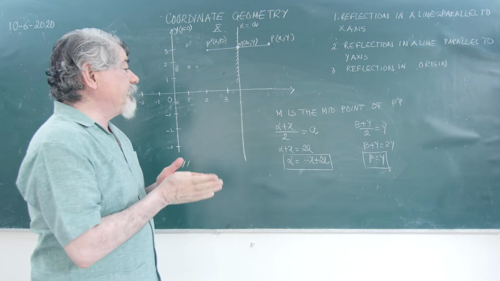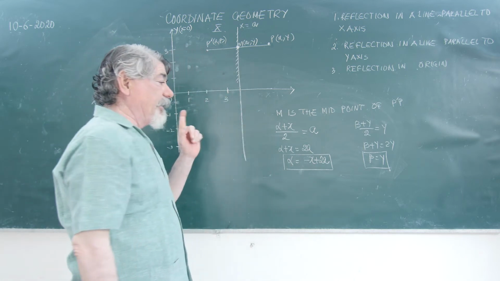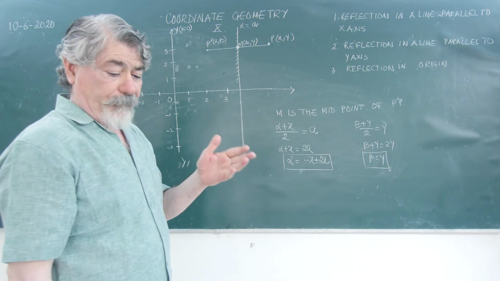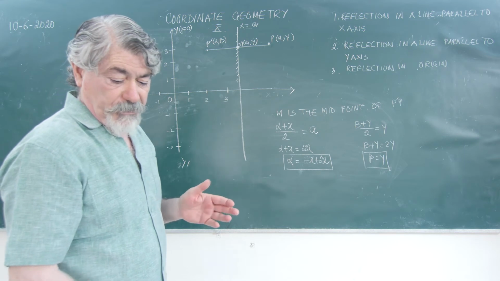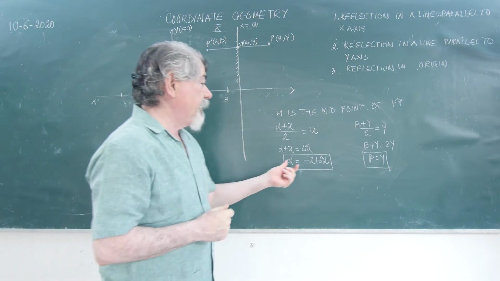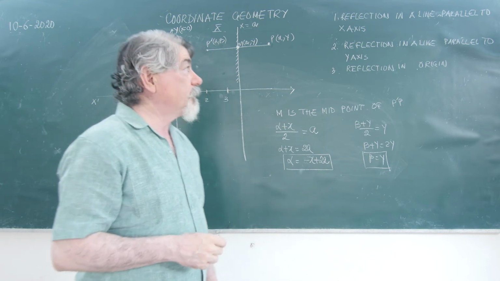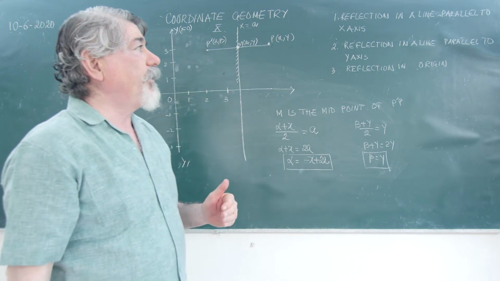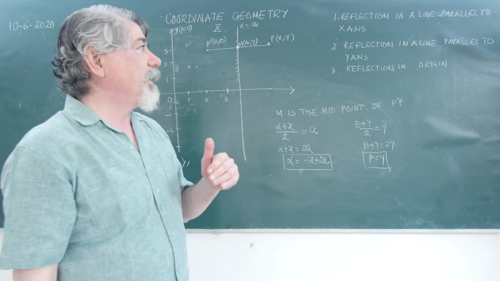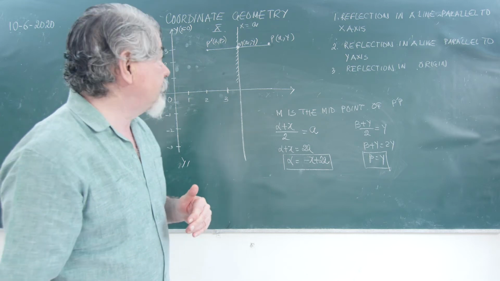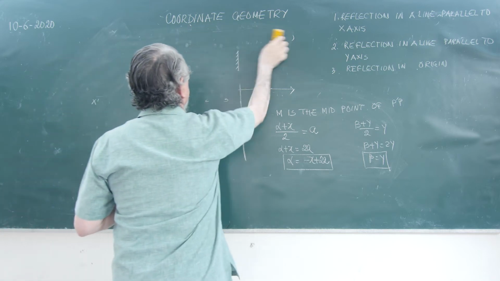Parallel to the y-axis means the x coordinate will change, and that is minus x plus 2a, like it was in the previous case. If you remember, it was minus y plus 2a. Here it is minus x plus 2a. Alright? This is reflection of a point in a line parallel to the x-axis, and reflection of a point in a line parallel to the y-axis.